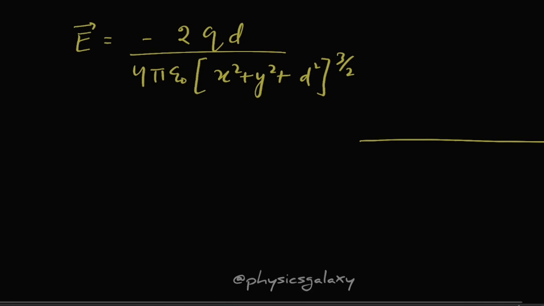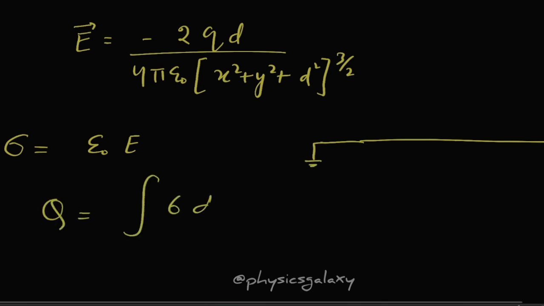So what is the charge density? Sigma will be simply the electric field times epsilon naught. Simple. And you can also find the total charge on this infinite conducting sheet. The total charge will be the integral of sigma dA, and if you evaluate this integral, it turns out to be minus q.